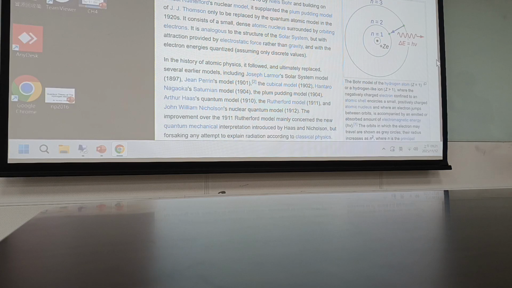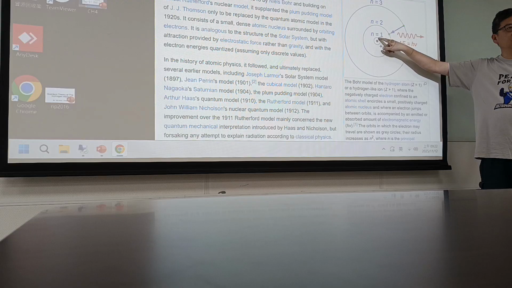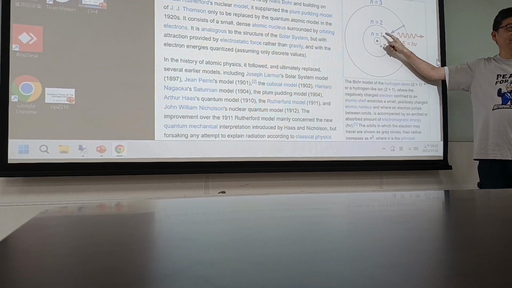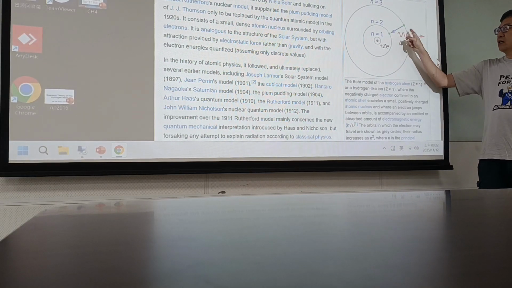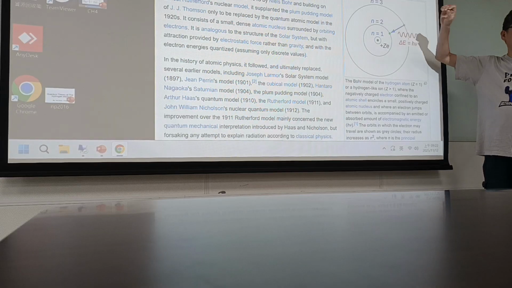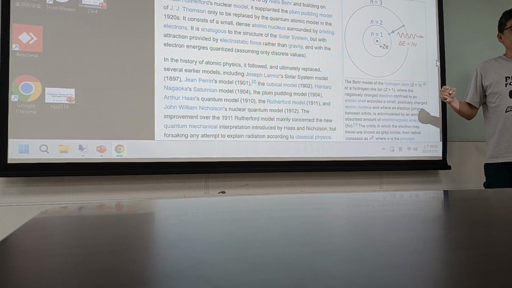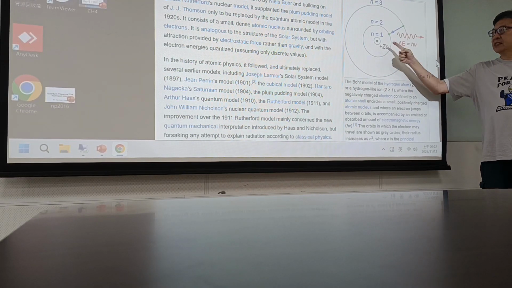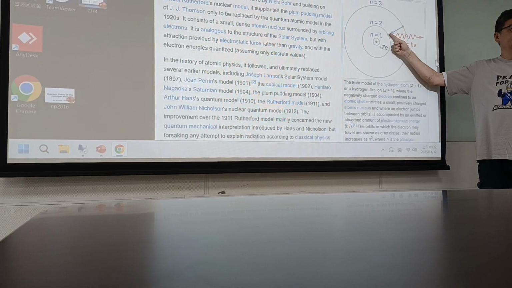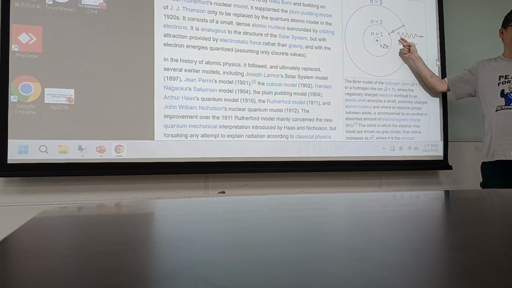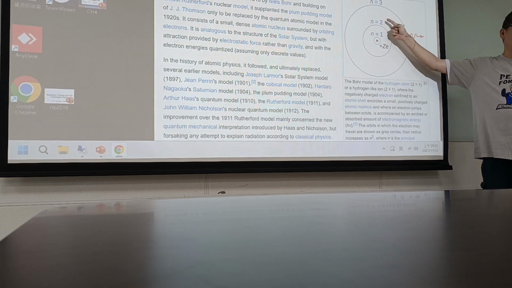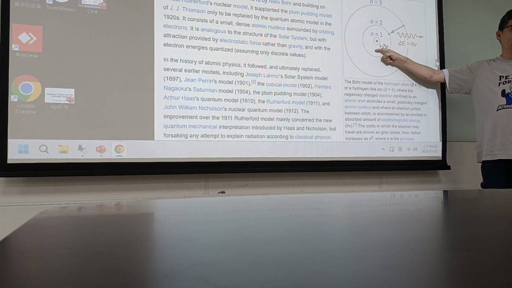This is the Bohr model. The nucleus is in the middle, with positive charge, and all the electrons have negative charge. They have fixed orbits, just like the sun and the earth. The electrons are like planets surrounding the sun.